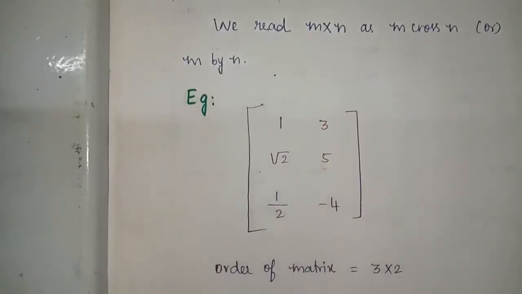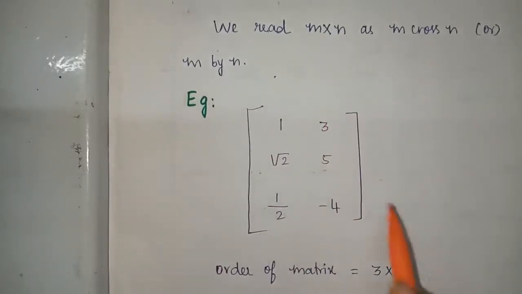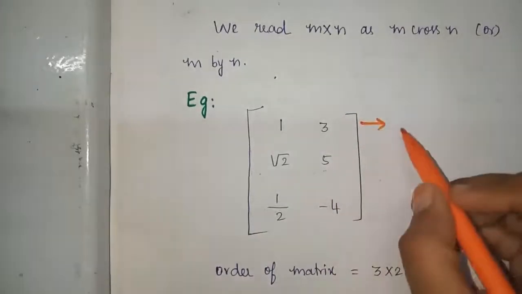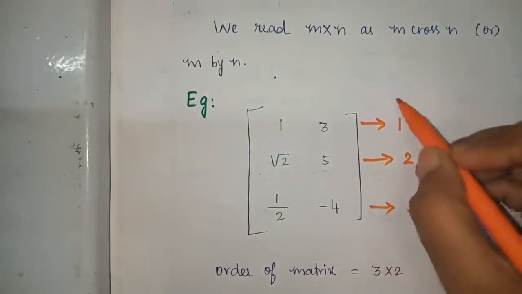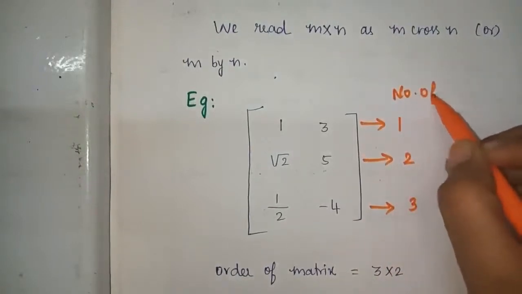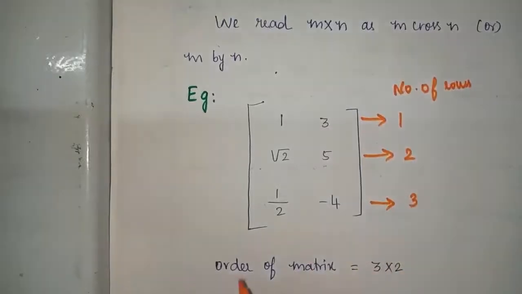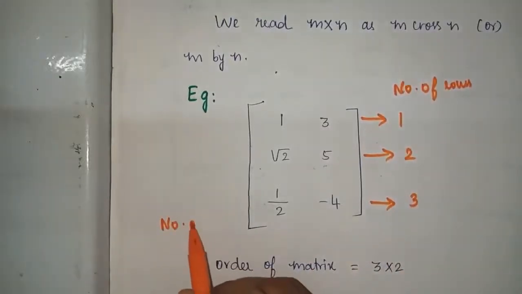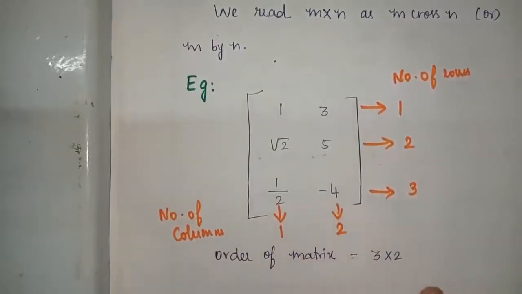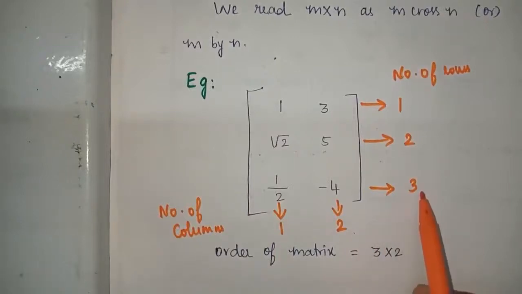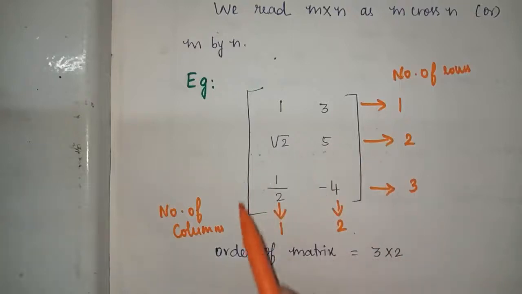So the order of the matrix is 3 cross 2, because the number of rows is 3 and the number of columns is 2. So number of rows into number of columns is 3 cross 2. This is called the order of the given matrix.